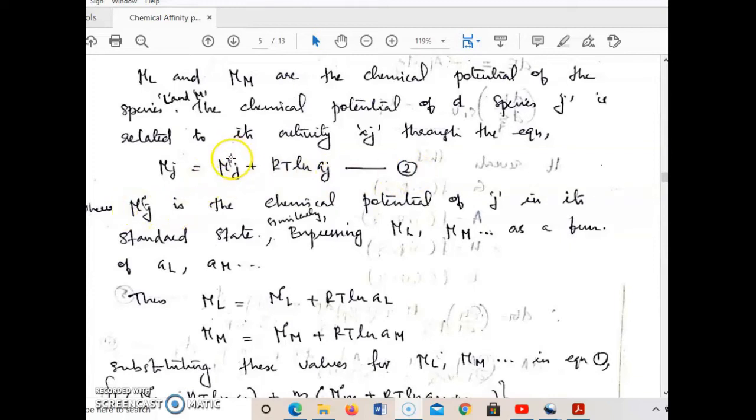Here mu 0 J is the chemical potential of the Jth component in its standard state.